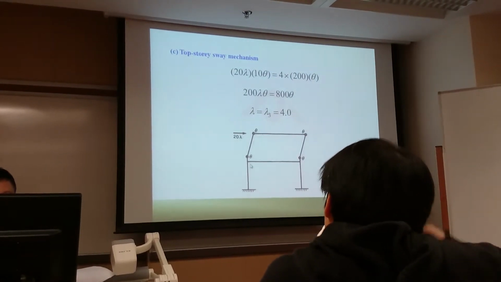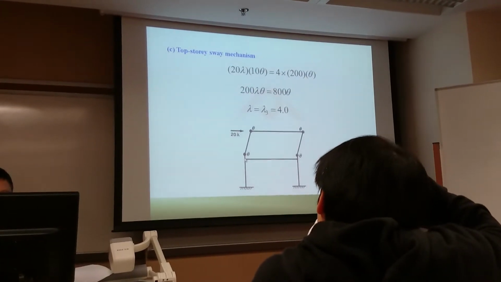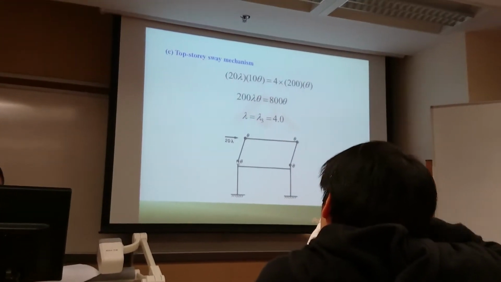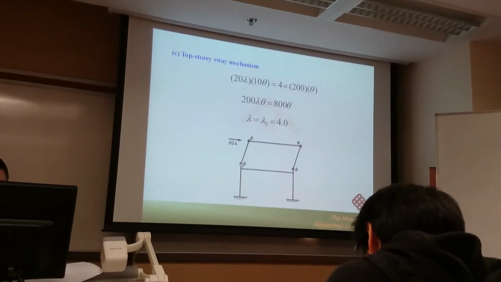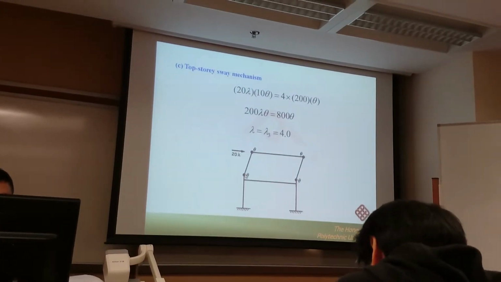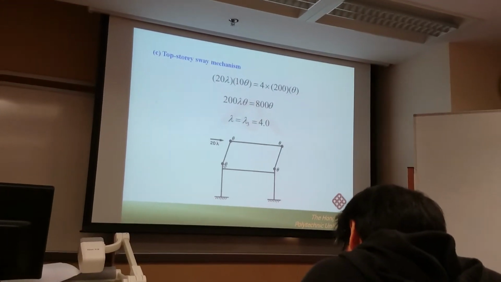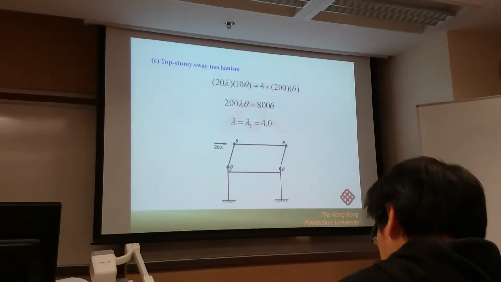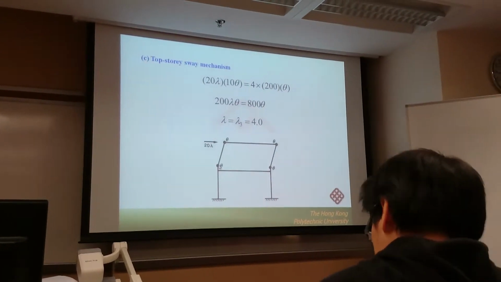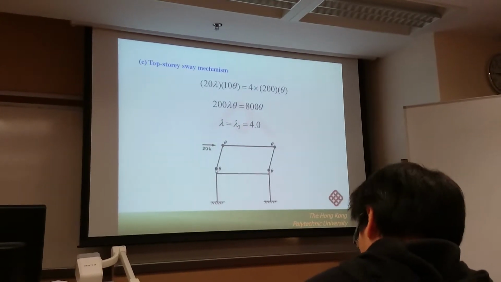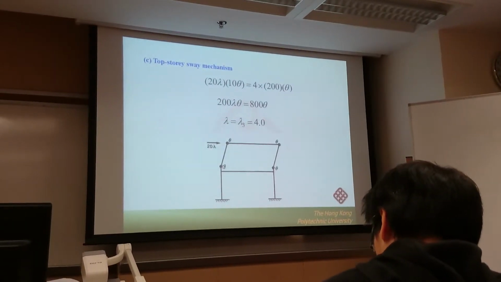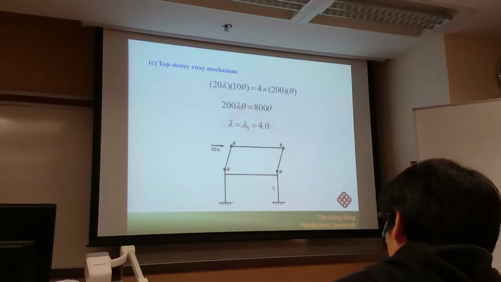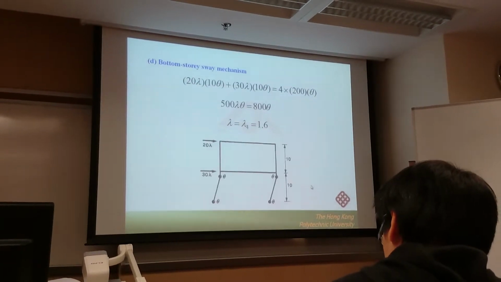But for a 3 member connection, you should determine the plastic moment equal to the plastic moment for the member with the corresponding plastic hinge, because now the plastic hinge can be located at different connecting members.